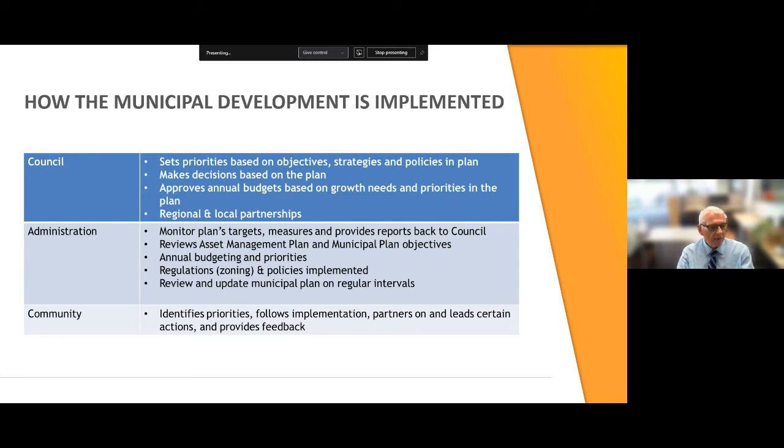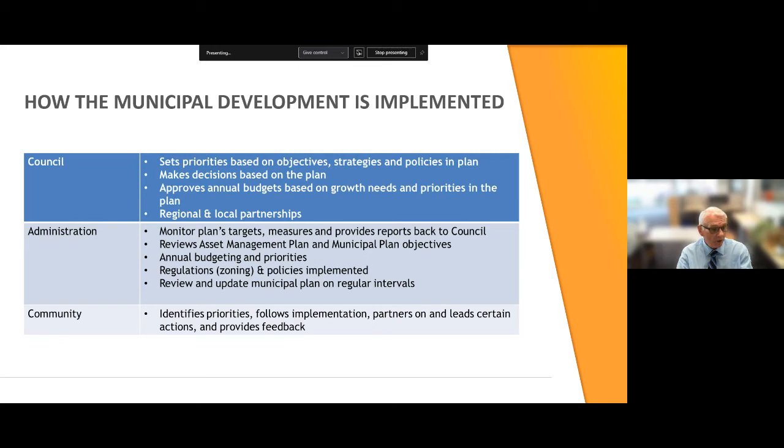The way you do that is you implement it on an annual basis as part of your priorities and the annual budgeting process. You'll look at things like your land use bylaw and the land use policies that you may create in terms of implementing it. And of course, you have to review it on a regular basis to make sure it remains relevant.